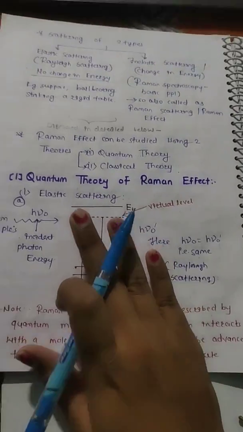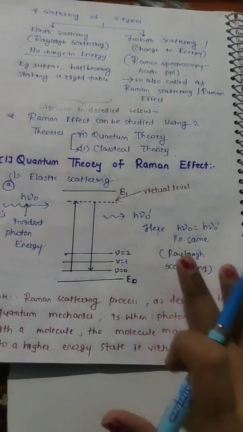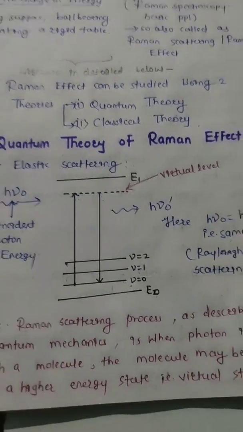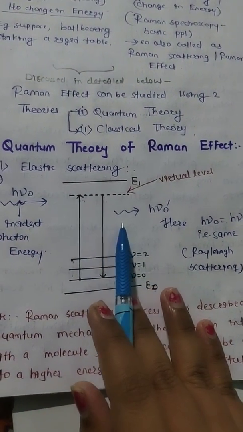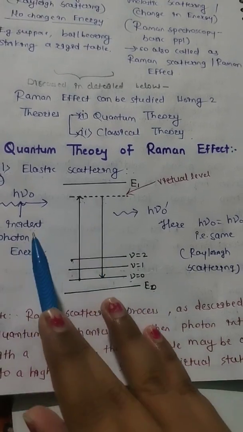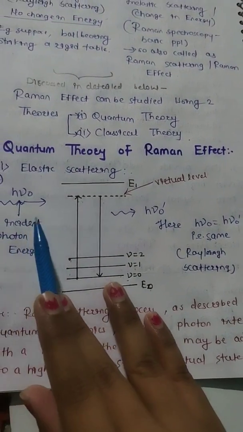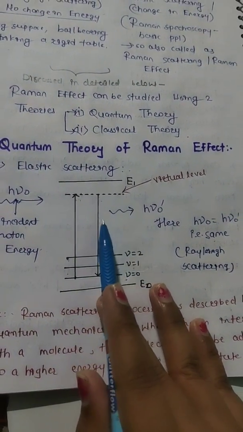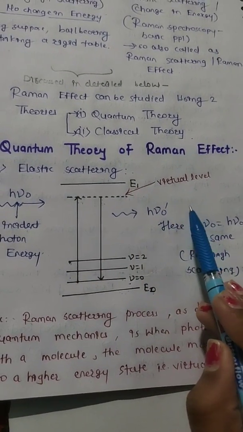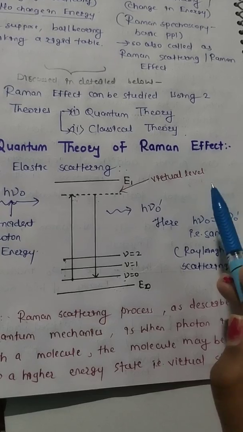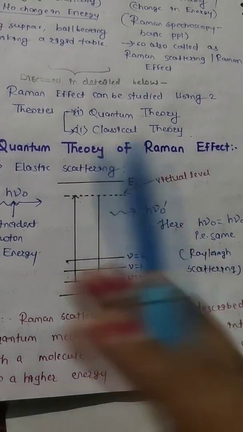Okay, so how does elastic scattering happen? When h nu naught of energy is passed through molecules, let's suppose 100% of h nu naught is passed through the molecule, and we get 99.99% scattered radiation. So it is nearly equal to 100% of the energy.